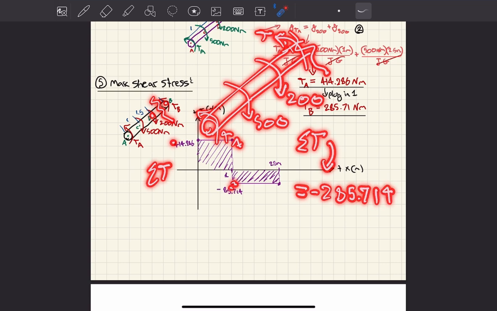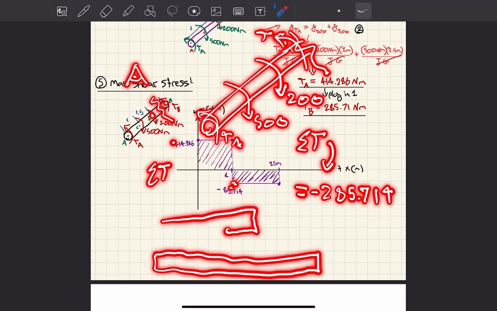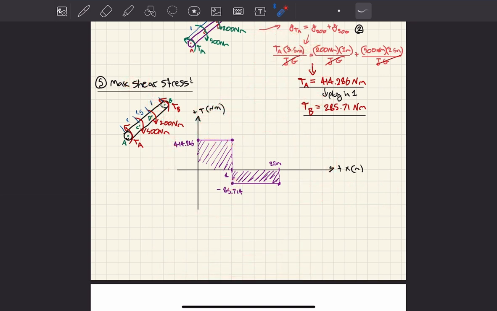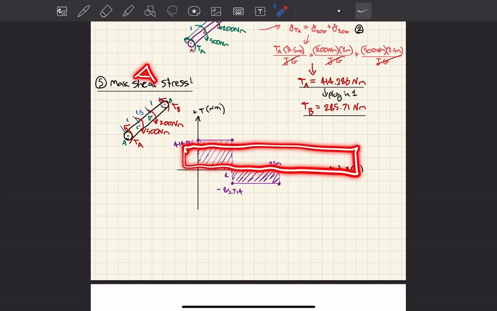Just to make sure this makes sense, conceptually, if I look at my beam from the top, it kind of looks like a bar. If this is my cut, then the reactionary torque on this side must be equal and opposite on the other side.